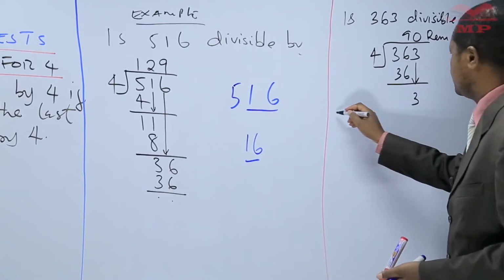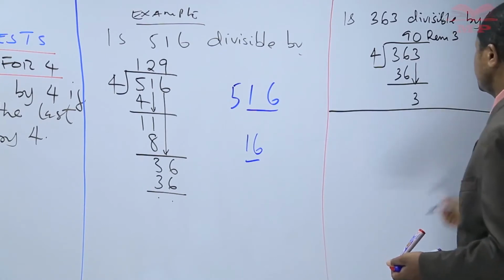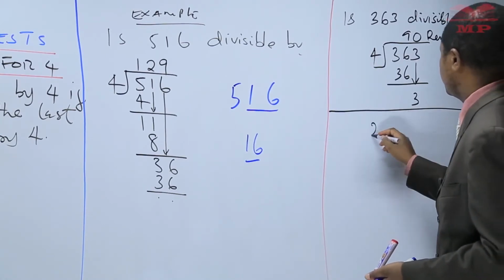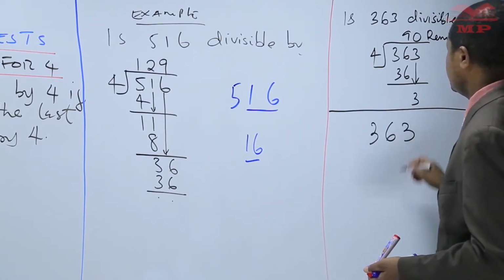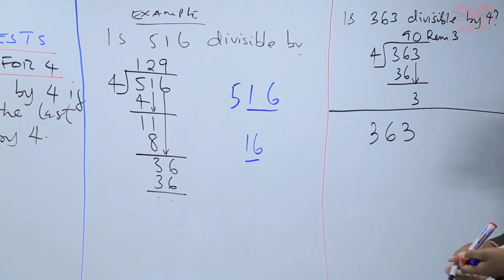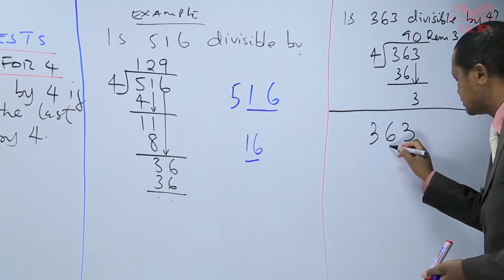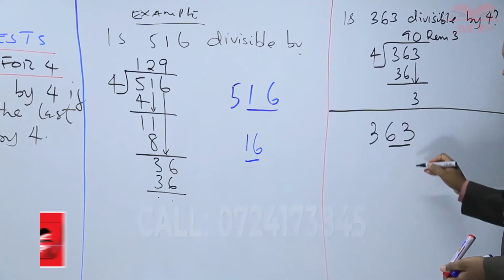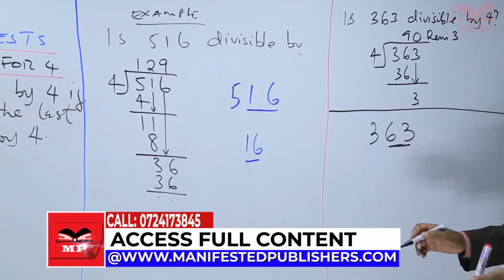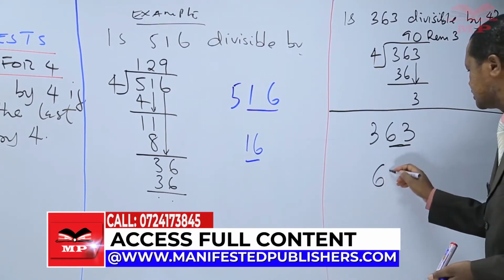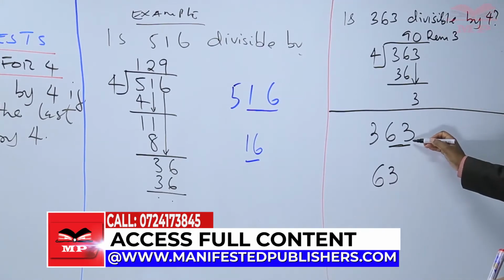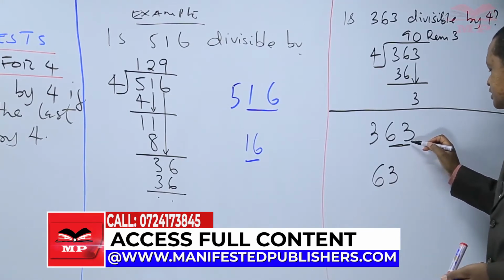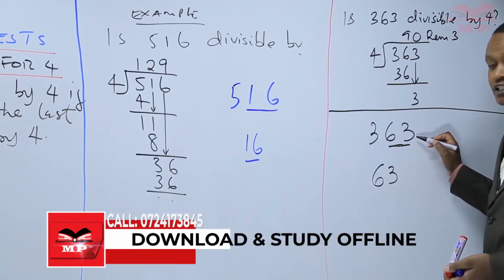Now if you are to use our divisibility test, we have said if you want to know if 363 is divisible by 4, you look at the last 2 digits, the number formed by the last 2 digits. Here it is 63.